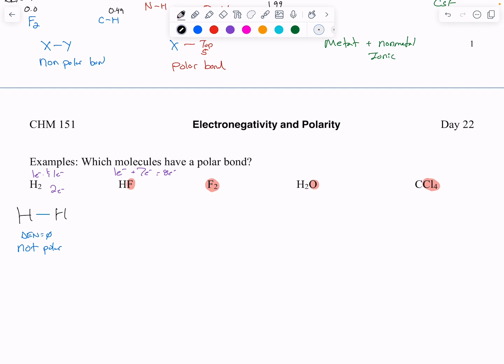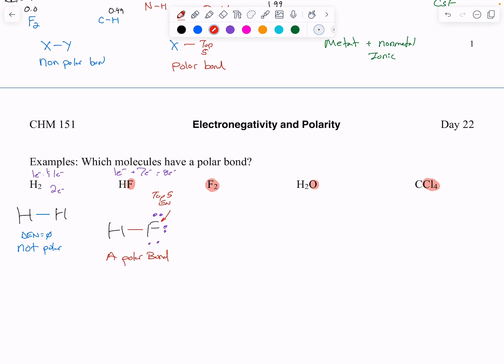And so I have H and F. 2, 4, 6, 8. I have a polar bond. Why? Because I got the top 5. Fluorine's a top 5. And so I got a polar bond.